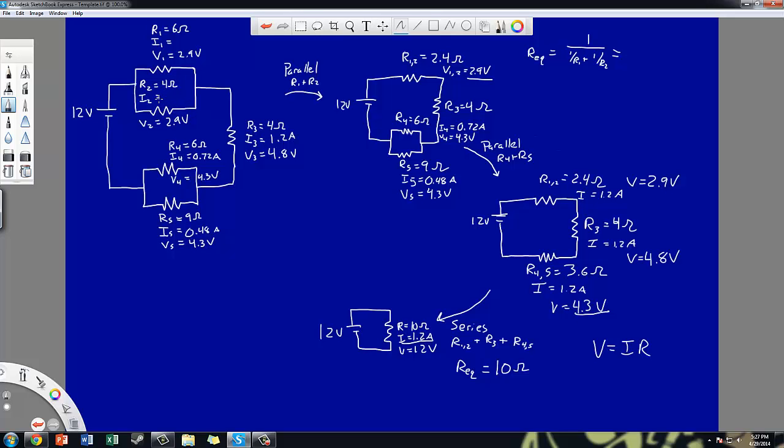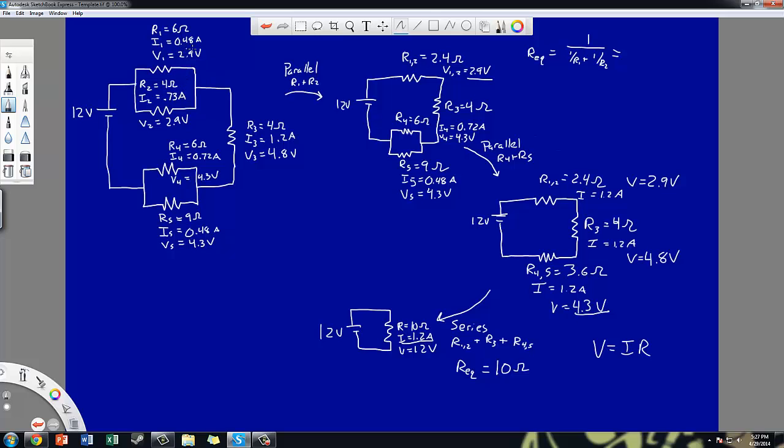So if I look at R1, 2.9 divided by 6 gives me 0.48. And numbers are working out similar to the other parallel circuit. So if I do 2.9 divided by 4, I actually end up with about 0.73 here. That's okay.